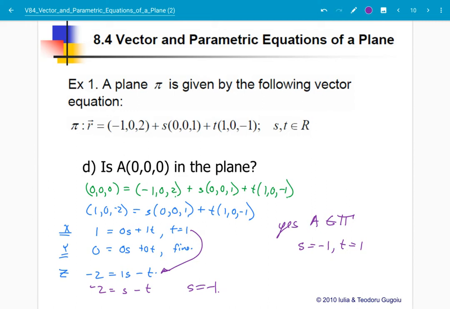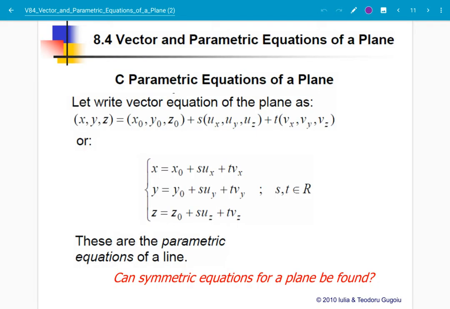All right. Next part. Going to the parametric equation of a plane. And as you might expect, you just find the individual parameters. So x is equal to x naught plus s u_x and t v_x, right? That gives you that.